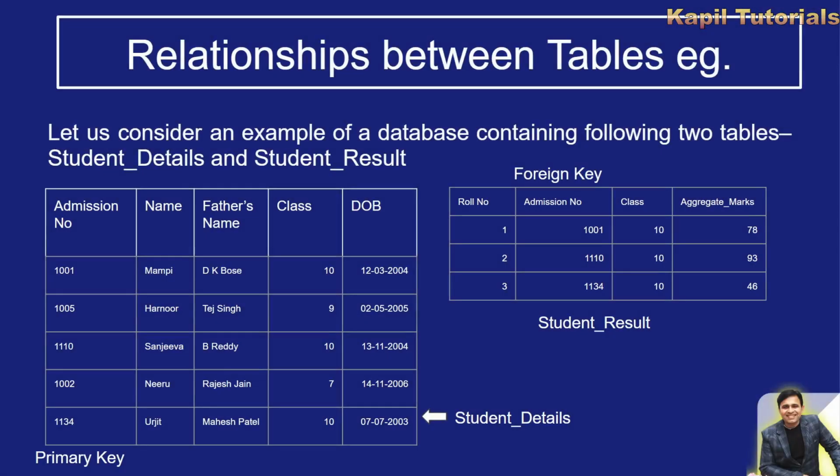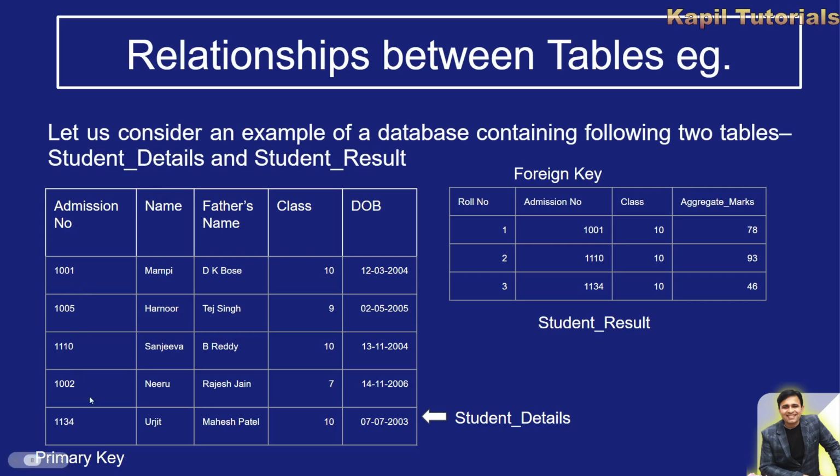You could see here this slide I'll be teaching afterwards, but just now for explanation purpose, I want to explain you about referential integrity. Suppose here admission number is used as a primary key. Now this is a student details table.